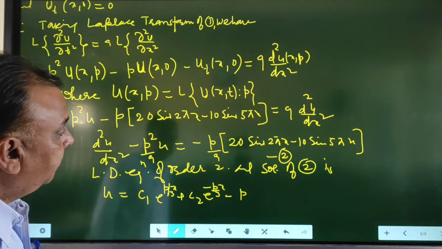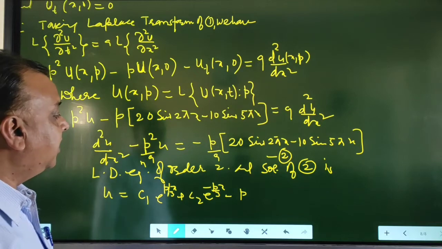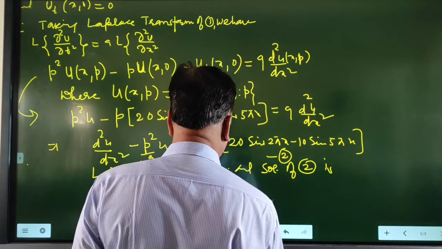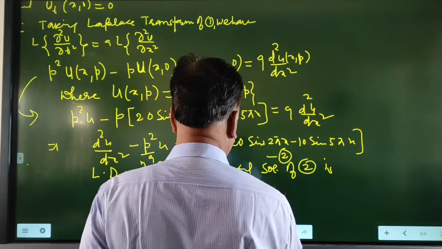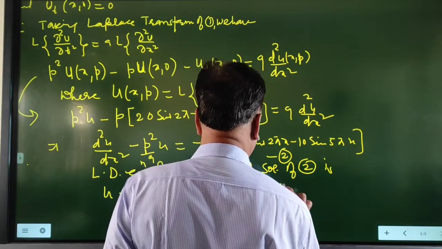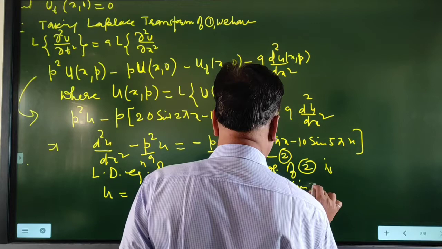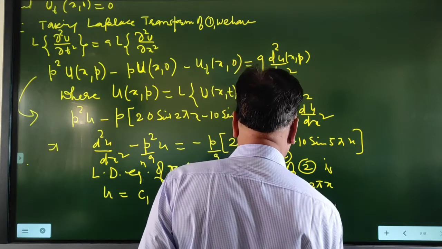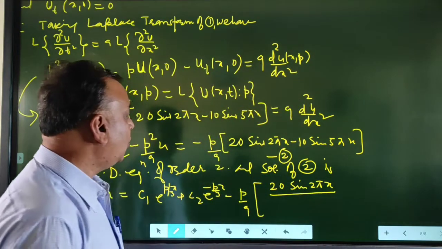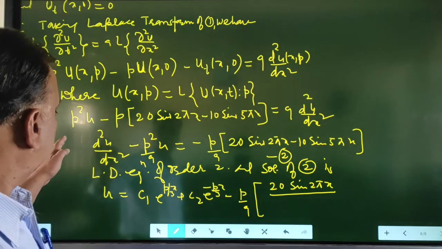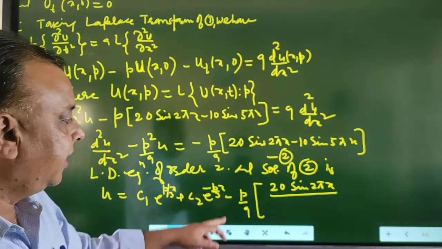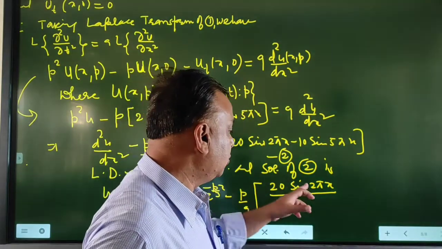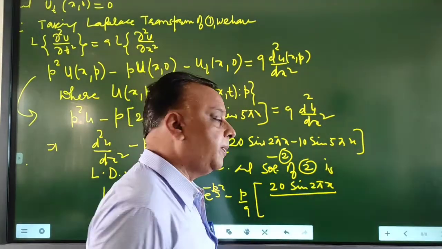So the particular integral is minus p by 9 into 20 sine 2 pi x upon D square minus p square by 9. Here put D square is equal to minus a square, that is minus 4 pi square.